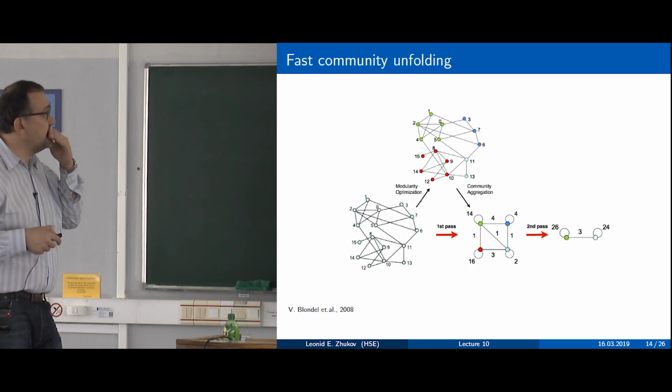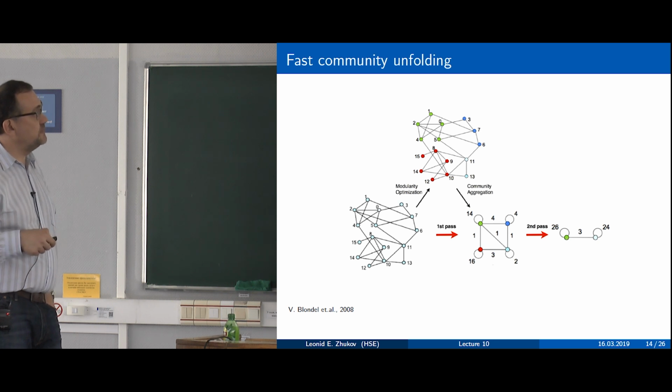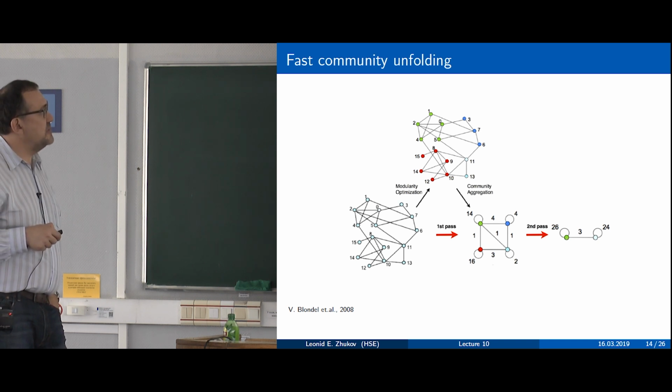So let me just show you an example. You start with this graph. Every node belongs to its own community. Then you pick one node and ask, if I join this node into one community, will the modularity increase or decrease? It will increase. Let's see how much it increases. Remember that. Check if joining this guy is an increase. Check if joining this guy is an increase. Okay, fine.